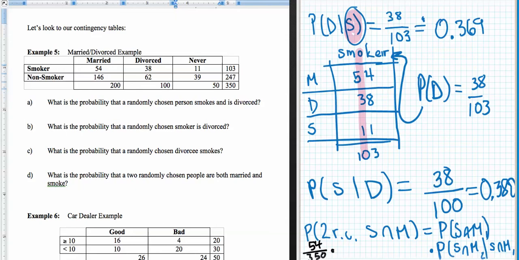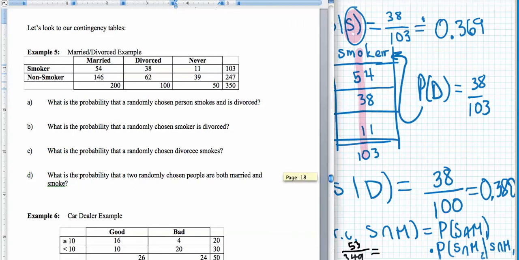And then times, now the next go around, if I want to choose another smoker that's married, I only have 349 people in my bag to choose from, and only 53 of them are smokers and married. So that's what my probability is going to look like, and that's where the conditional probability comes into this one. So this is a little bit more complicated to figure out, but I could certainly multiply that out and find it. But of course, I'm going to go ahead and not calculate it.